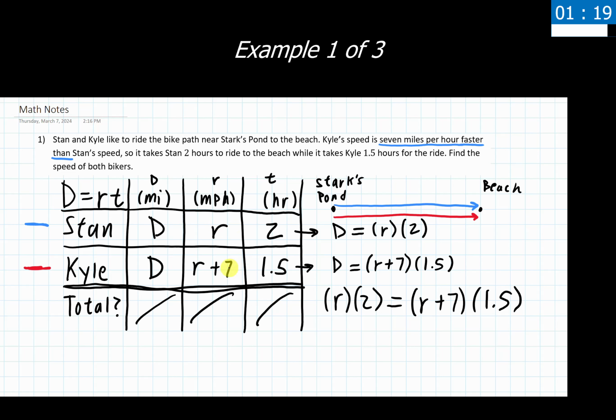And to find Kyle's, I'll just take Stan's rate and add 7 to it. So I'm going to do that down over here just because I'm running out of space. But we'll go through and solve this like we did previously.